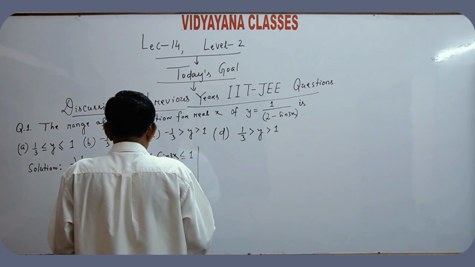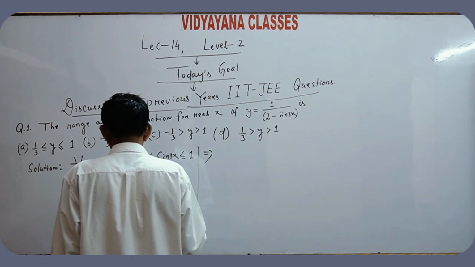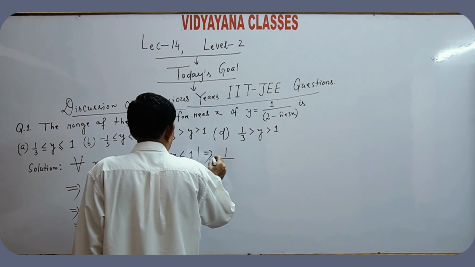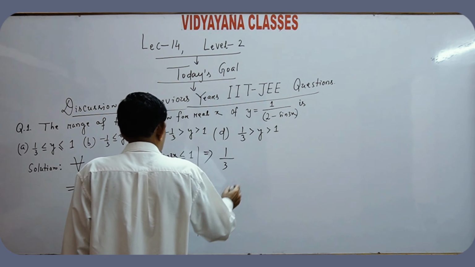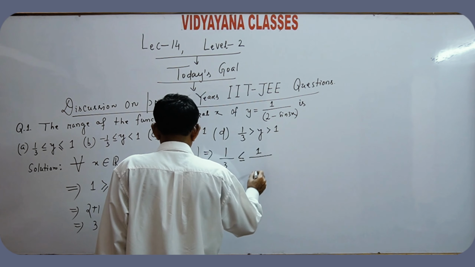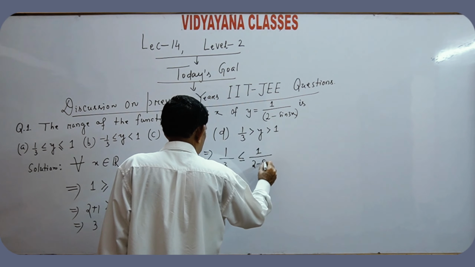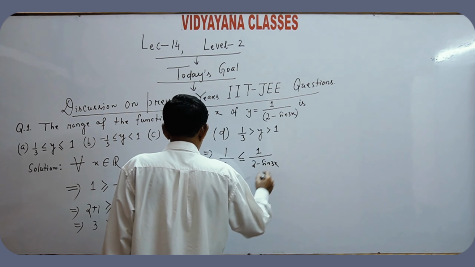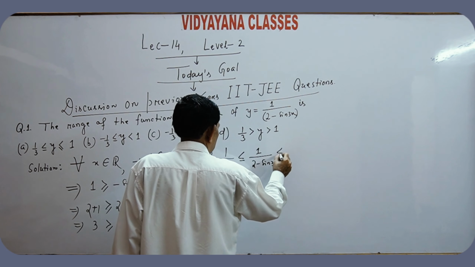Which implies 1 by 3 is less than or equal to 1 divided by 2 minus sin 3x, less than or equal to 1.